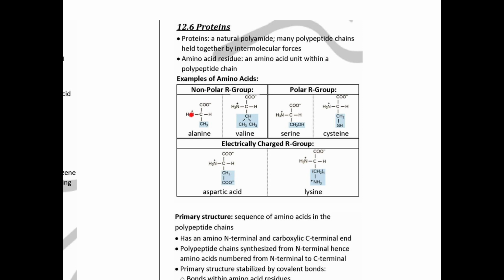For example, this is an amino acid, where it has NH3 plus and COO minus. So this is the zwitterion form. And another example like valine. Valine has one NH3 plus and one COO minus, and then here it looks different.